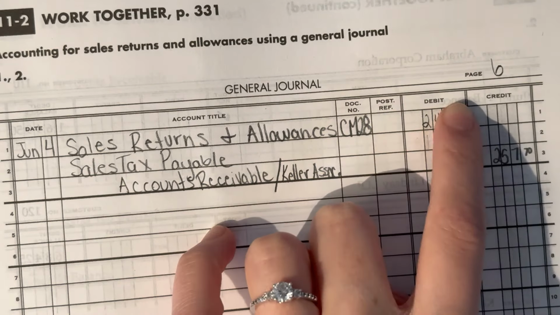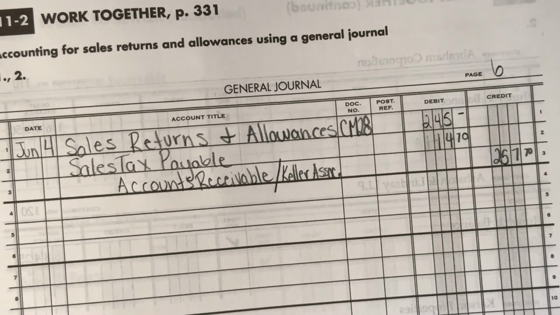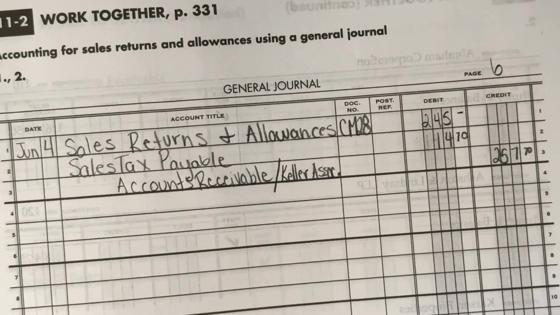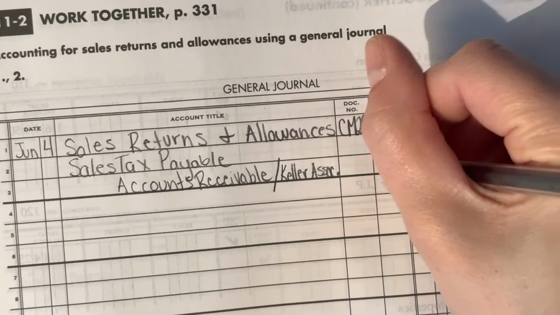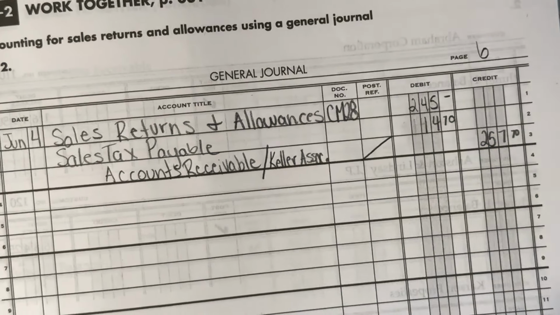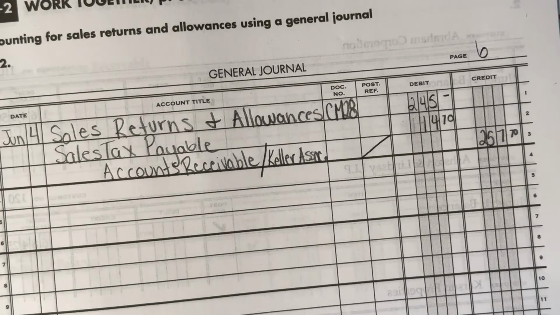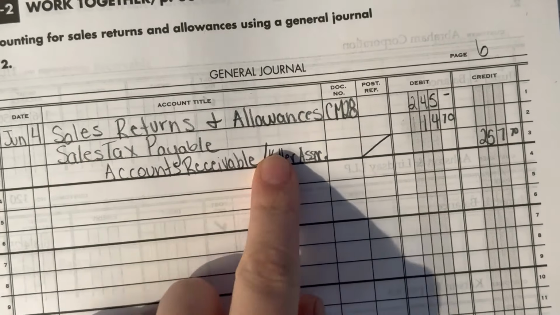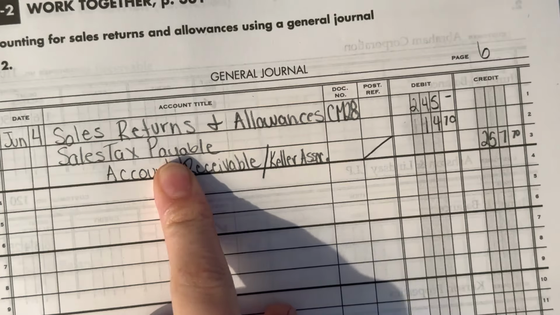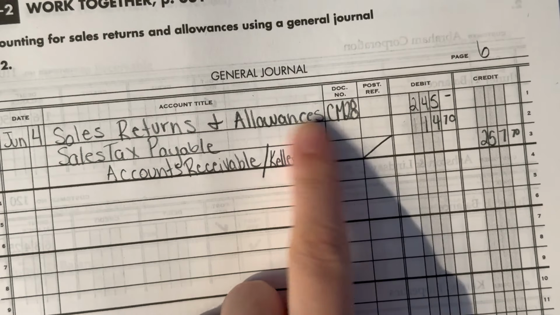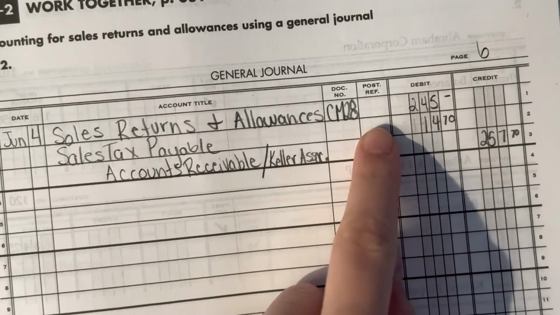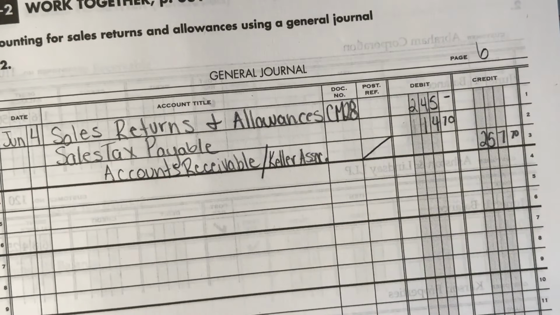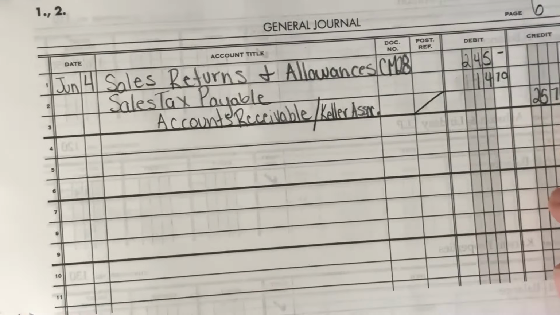If you notice, these two added together equals this. There's two accounts here, so I have to put the slash because I will post it in two different places. Typically, if you draw a slash in here, you have to draw the slash there. This shows two different ledgers: this is the general ledger, this will be the subsidiary ledger, accounts receivable ledger, and we put the slash in there to post. Good, let's go on to the next one.